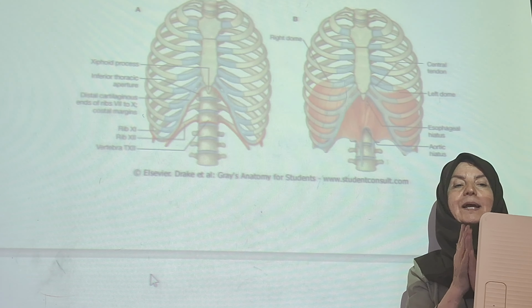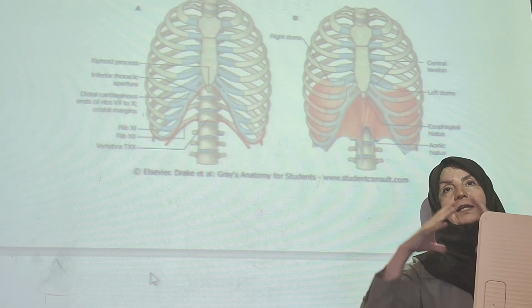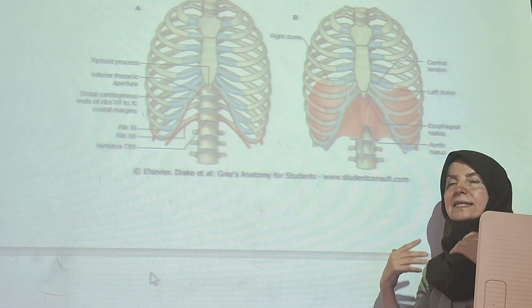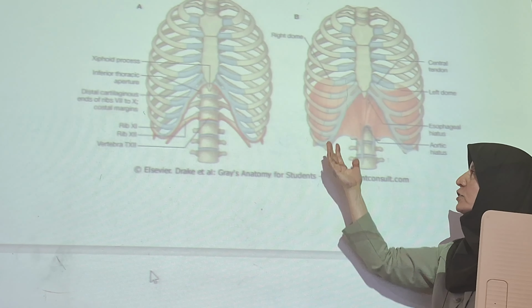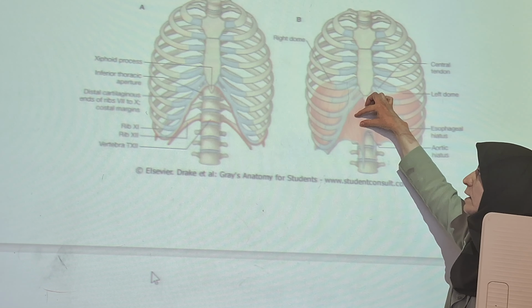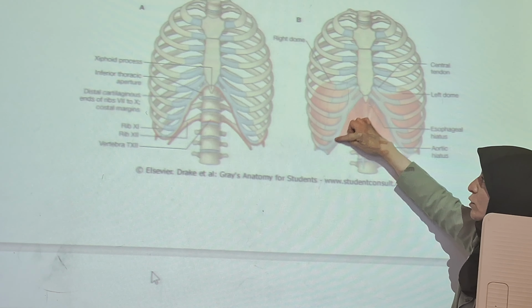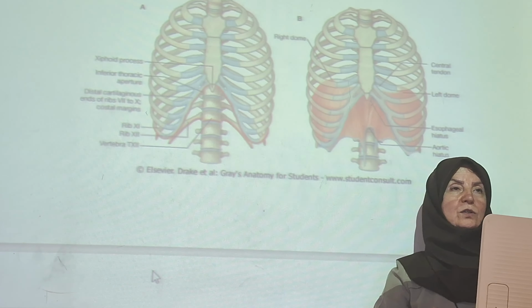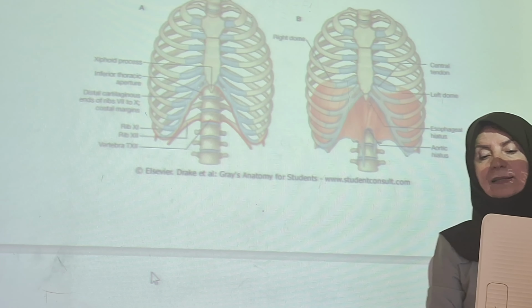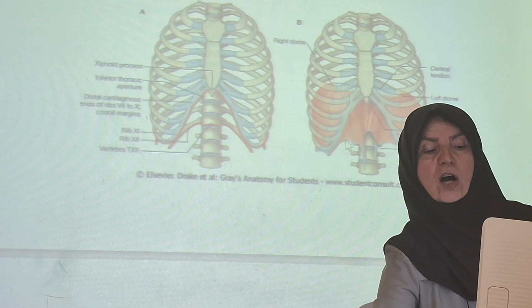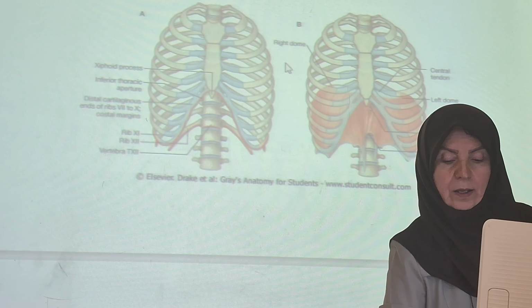Sometimes it is possible the gland of the liver gets larger. We call it hepatomegaly. It is a disease. In this patient, some part of the liver is going to be found here, inferior to the costal margin. When you examine, you are going to find that the liver is larger than normal.